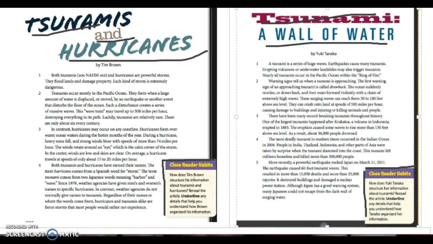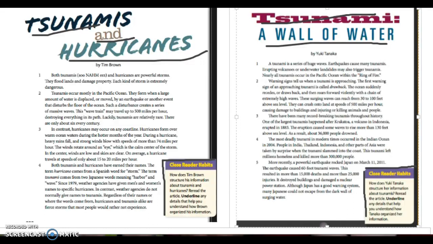Since 1979, weather agencies have given men and women names to specific hurricanes. In contrast, weather agencies do not normally give names to tsunamis. Regardless of their name or where the word comes from, hurricanes and tsunamis alike are fierce storms that most people would rather not experience.